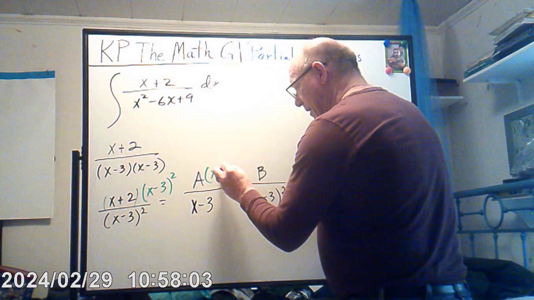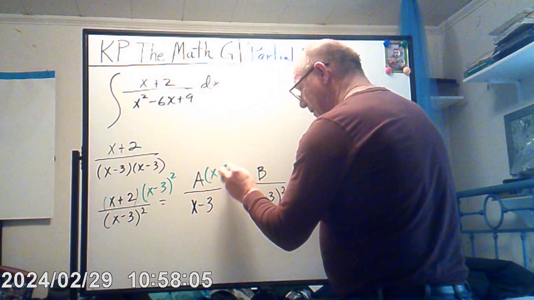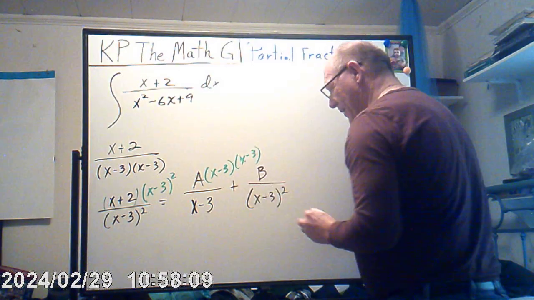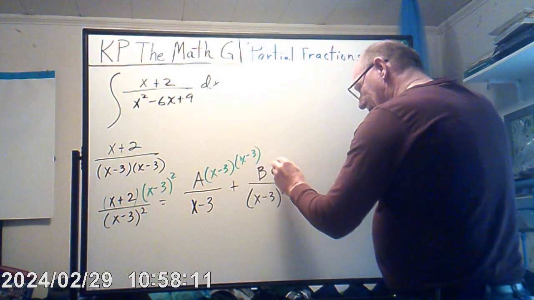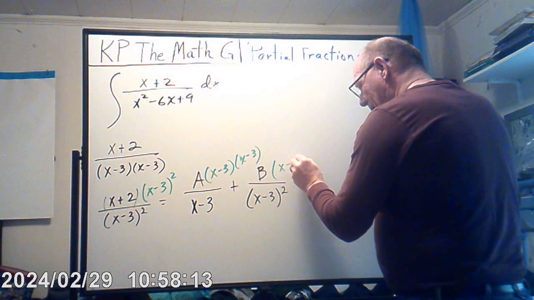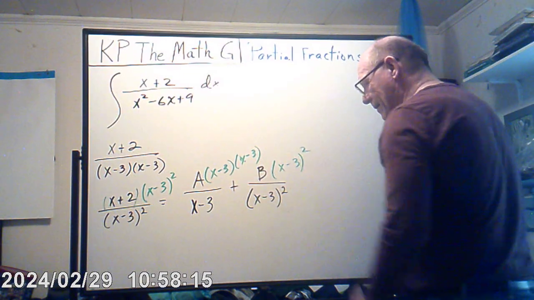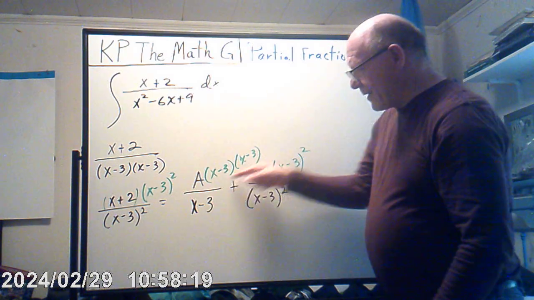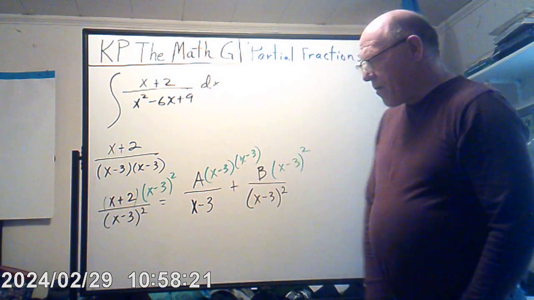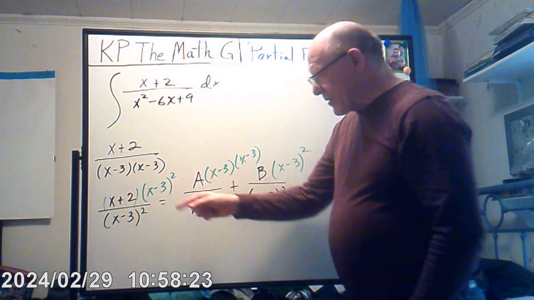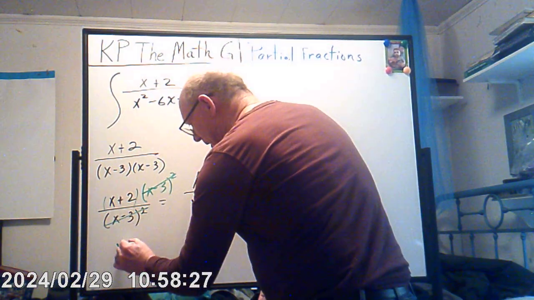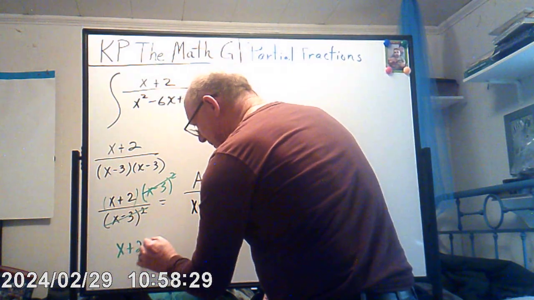On this one, x minus 3 squared is x minus 3 times x minus 3. And on this one, I'm just going to put x minus 3 squared, like that. It doesn't matter how you write it, I'm doing this for a reason. The x minus 3 squared on this side is just going to divide out, so I'm left with x plus 2.